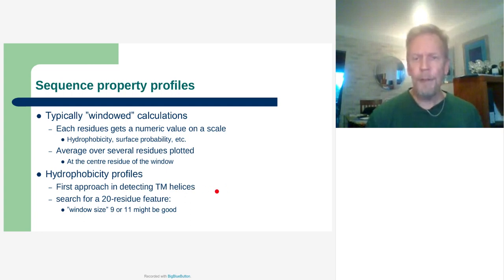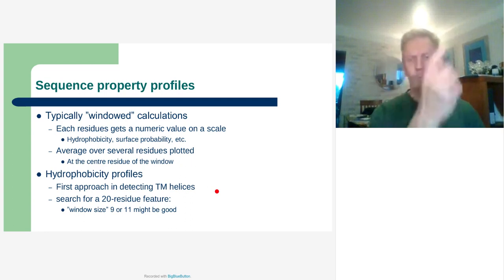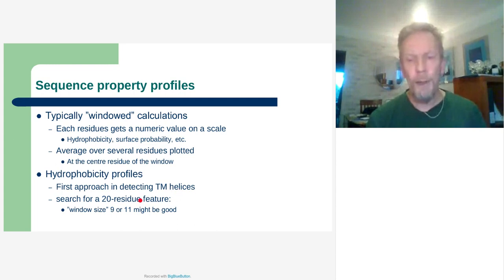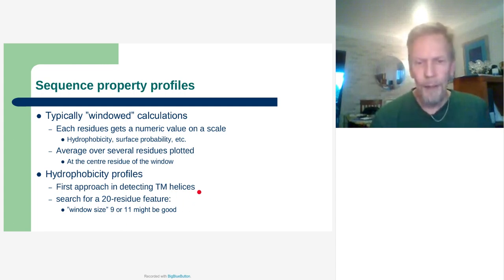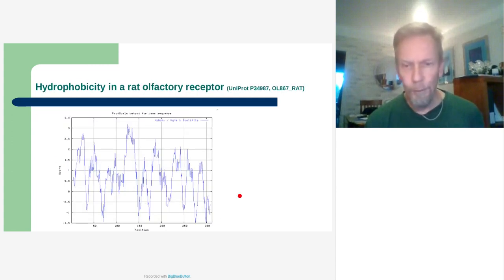And the transmembrane helices can be anywhere in the middle of the sequences, and we know that you need an alpha helix of approximately 20 amino acids to go through the membrane bilayer. And the normal rule for detecting a feature is to select a window which is about half of the expected size. So 9 or 11 could be good for this analysis.